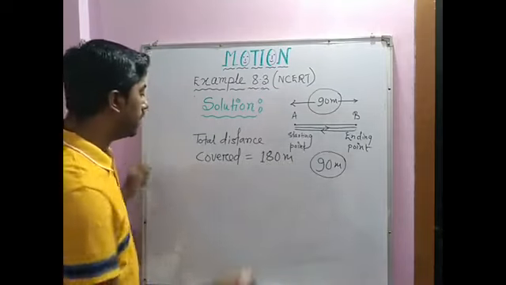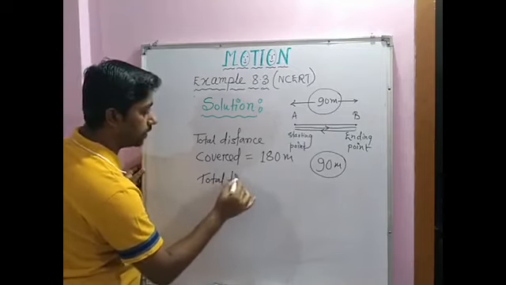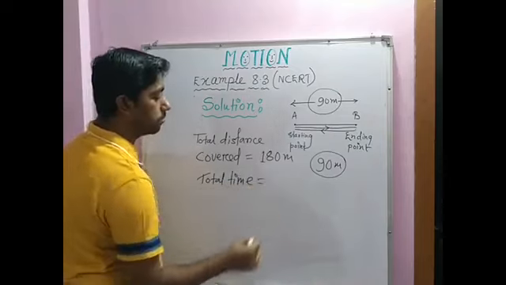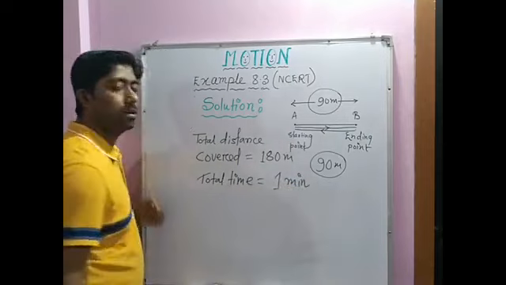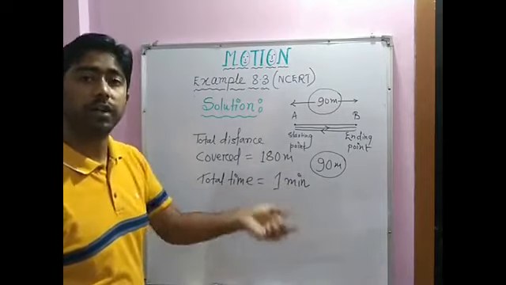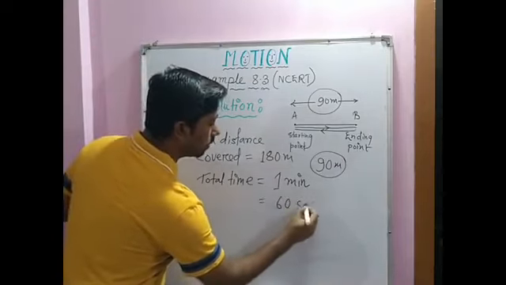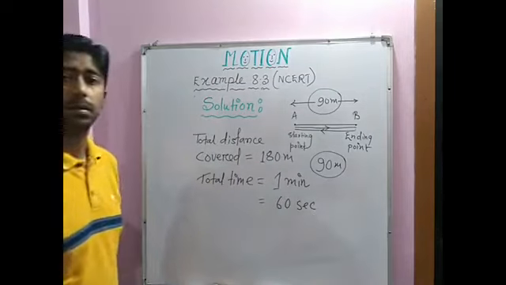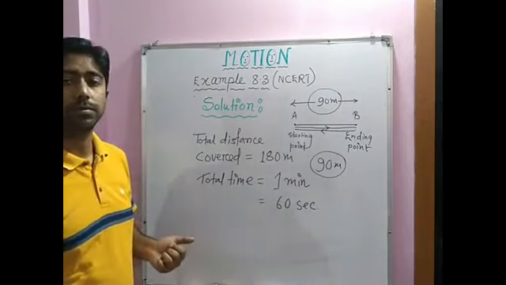And to do so, she takes a time of, how much time, let us find. In fact, it is given in the question. Total time is 1 minute. 1 minute, to convert it into second, you will get 60 seconds. Okay, now you have total distance covered and now you have total time also.